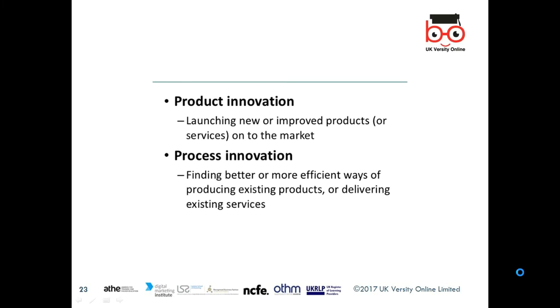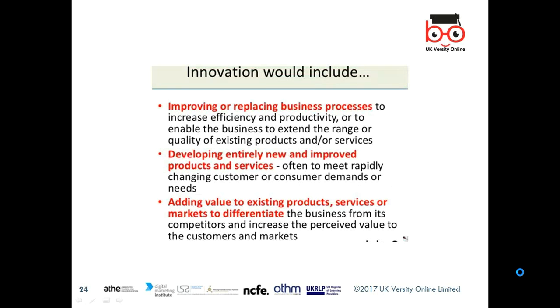Just scan the barcode, pay with your contactless card, and then go away. That saves you time. Of course initially there is a cost, but ultimately look at how much you are paying, because labor cost is increasing. If you cut 10 till operators, ultimately you are saving. So innovation would include improving or replacing the business processes, increasing efficiency and productivity.